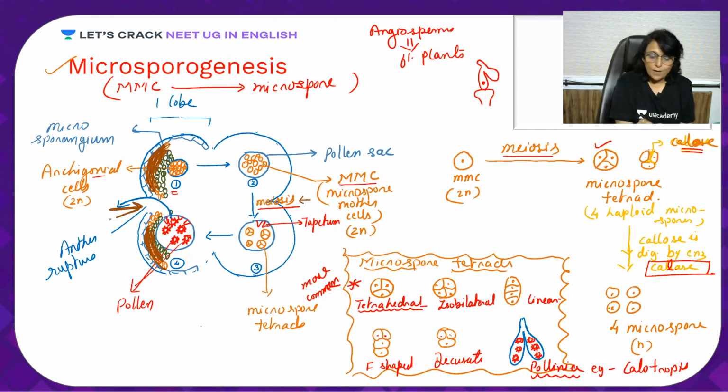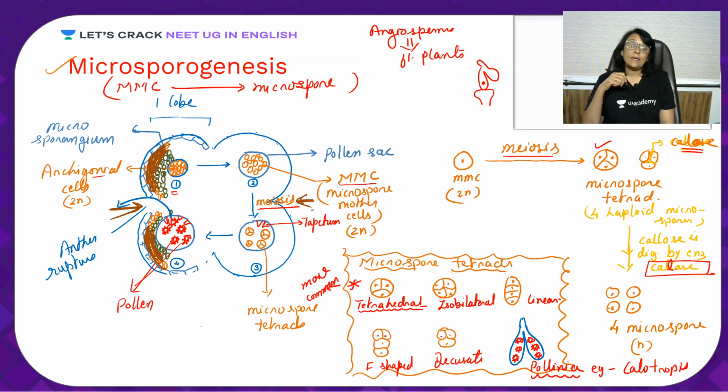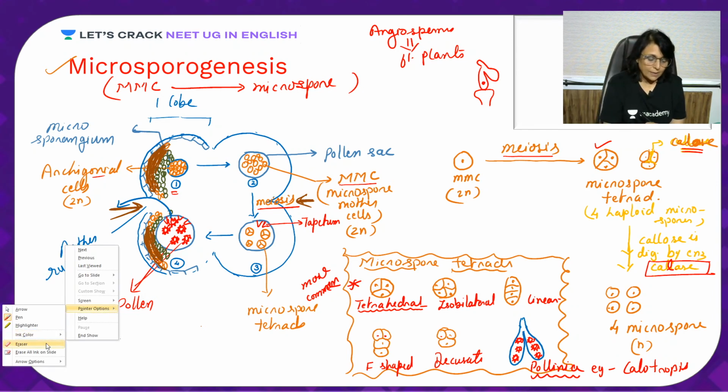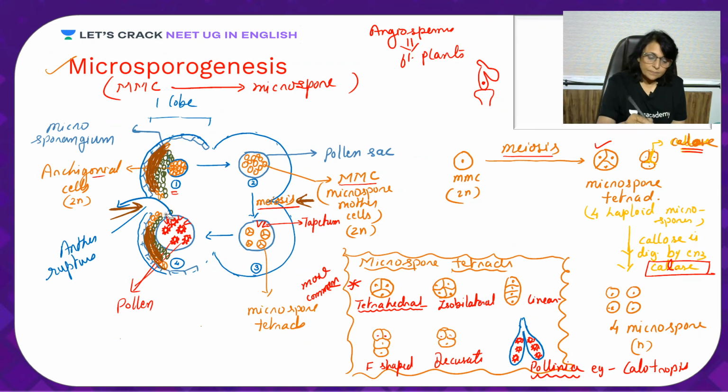So here will be one opening and here will be one opening and then the pollen sac will rupture because of that shrinking or rupturing of the layers, and then the pollen grains will be released.